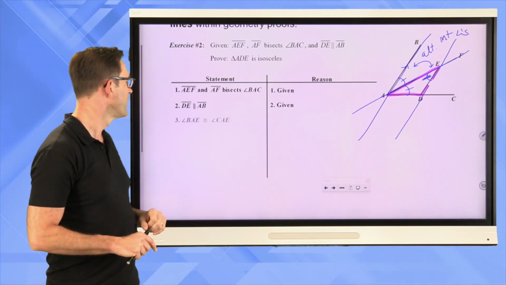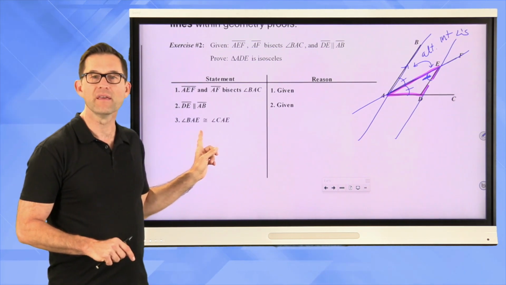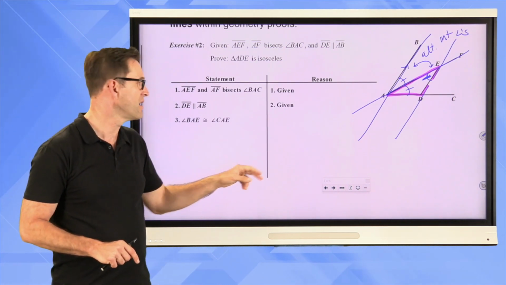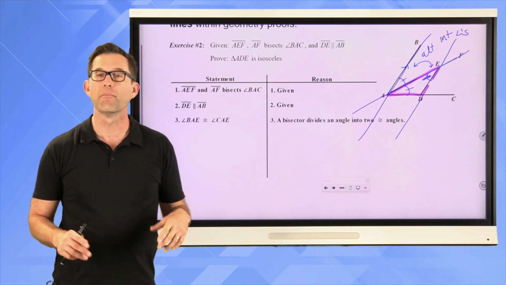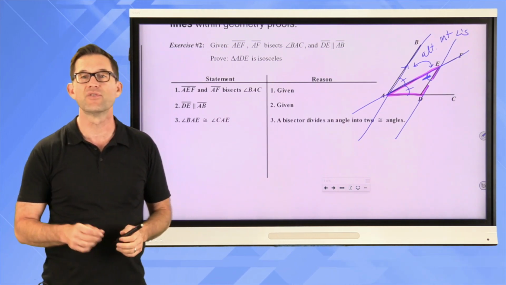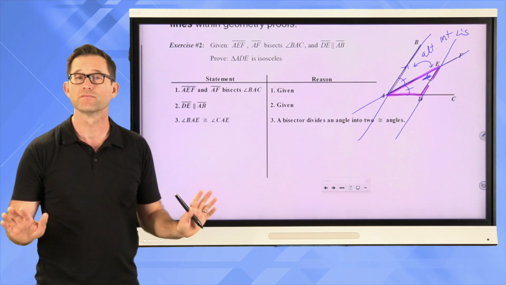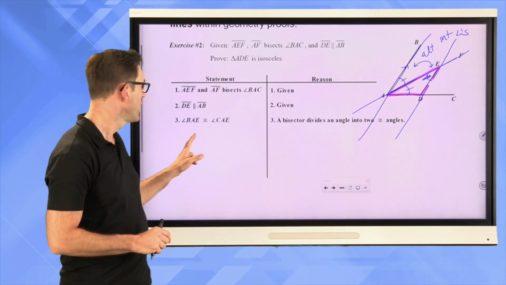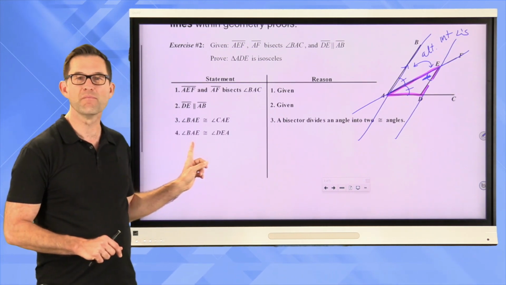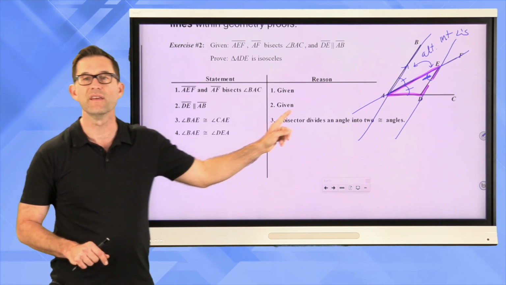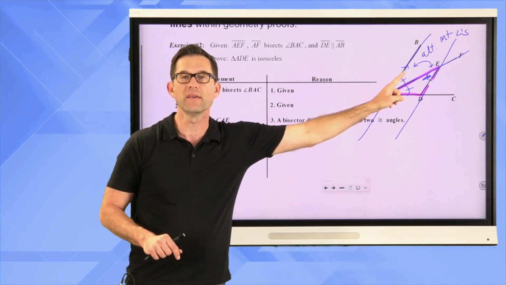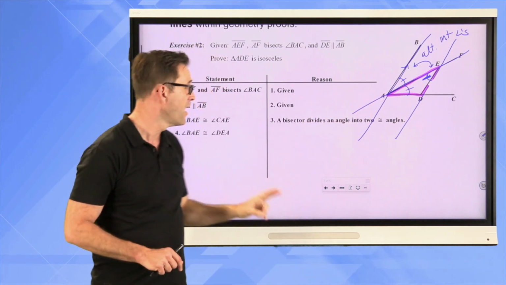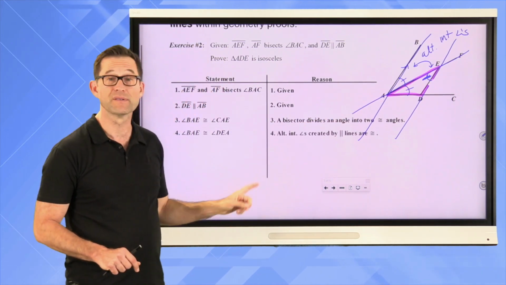All right, so now I know that angle BAE is congruent to angle CAE, and that's due to the fact that a bisector divides an angle into two congruent angles. Now, I can also say that BAE is congruent to DEA, and that is because of that parallel line business.